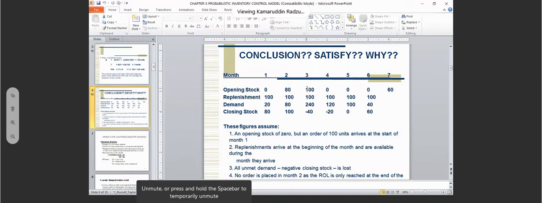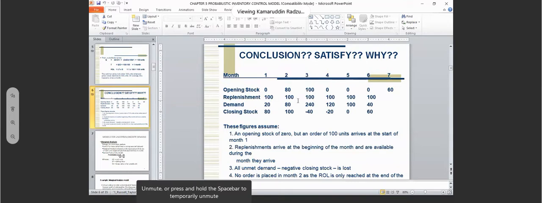So the opening stock at the third month is 100 units, and 100 units signals the personnel to replenish inventory of 100 units.